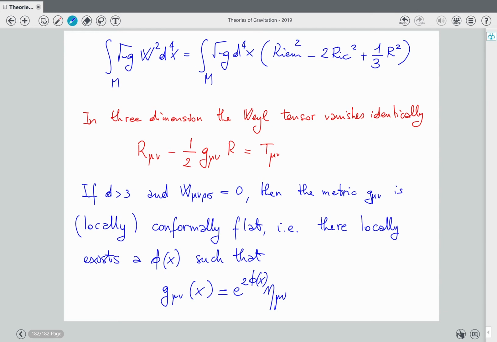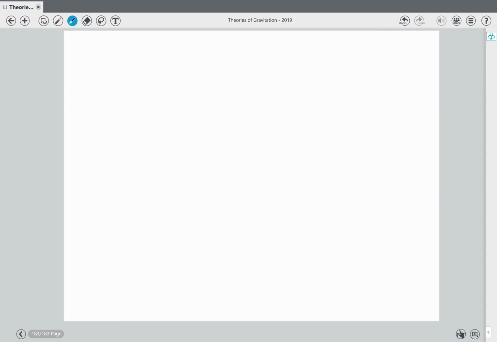In d equals 3, there is an analogous property that, however, requires us to introduce a couple of new notions, which you will meet very rarely, but you might meet them. Let us introduce a Codazzi tensor.